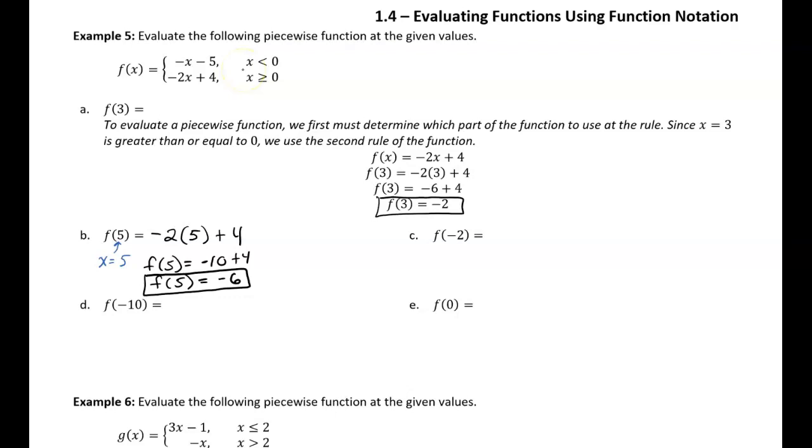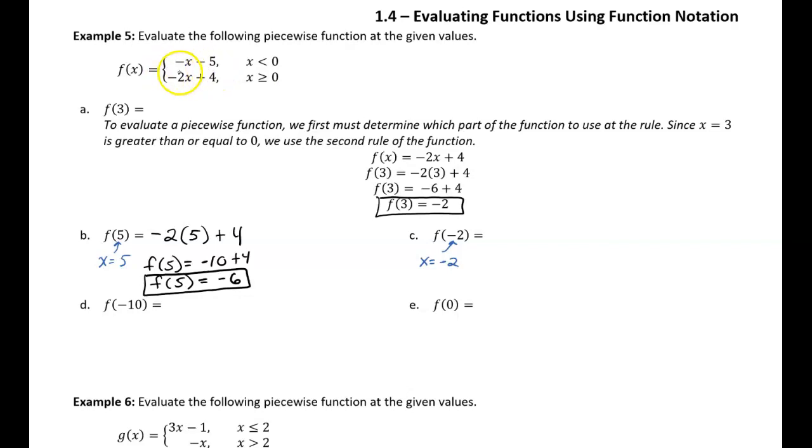Let's try C. We now have f of -2. So this again inside tells me the x. So now we have x is -2. Which rule does that fall into? Is x greater than or equal to 0? Is -2 bigger than 0?